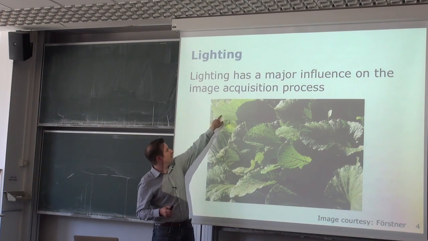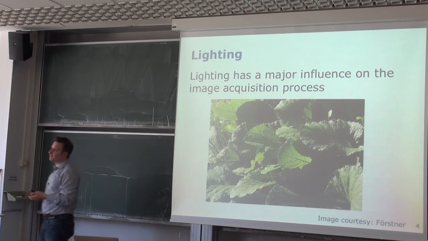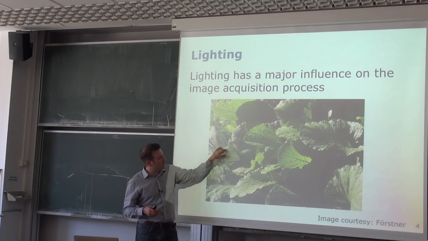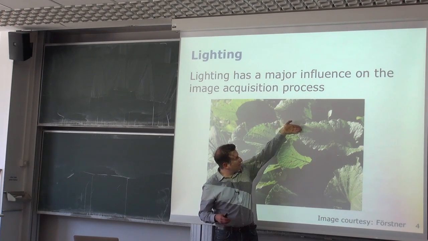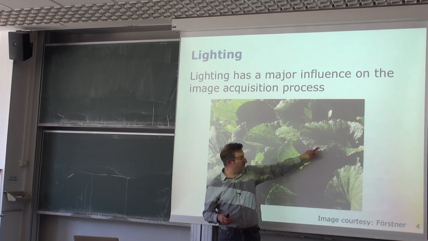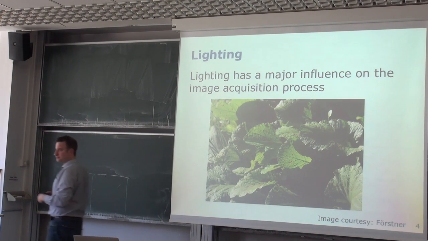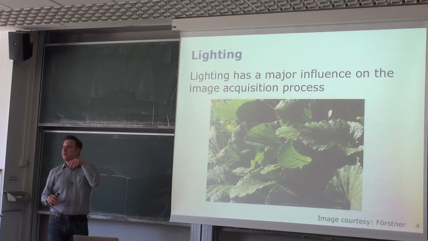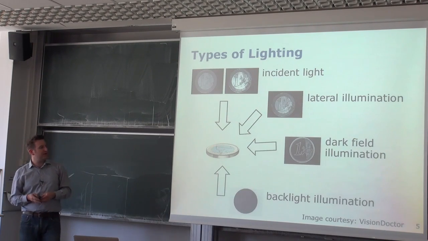There are also others, like this one over here, where the light comes from the back, which is a different form of lighting and can lead to different lighting conditions. For all the other leaves, the light can come from different directions. Here it comes from the side. You can see that we have some strong shadows. Some areas are very easy to identify in those images. Others are very dark and very hard to identify. And you can see from this image that depending on where the light source is and where the camera is, we get different types of images. I want to illustrate this process further.